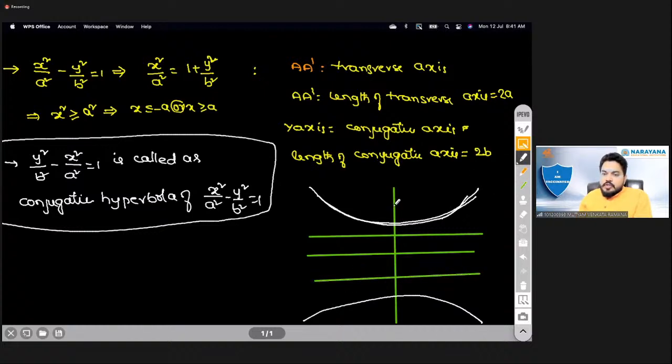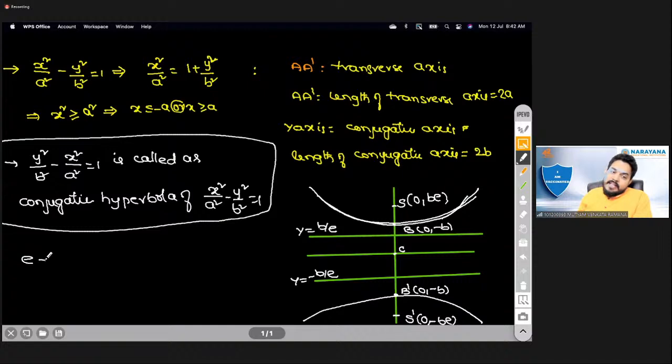S dash is 0 comma minus b, B dash is 0 comma minus b, y is equal to b by e, y is equal to minus b by e.